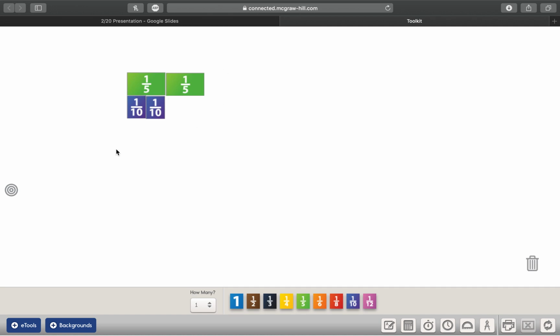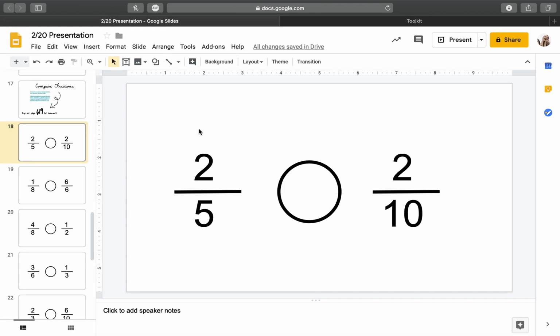It is very easy to see, now that we've built it, that 2/5 is much more than 2/10. 2/5 is this much, 2/10 is this much. So we could definitely say that 2/5 is greater than 2/10. So you would write greater than.